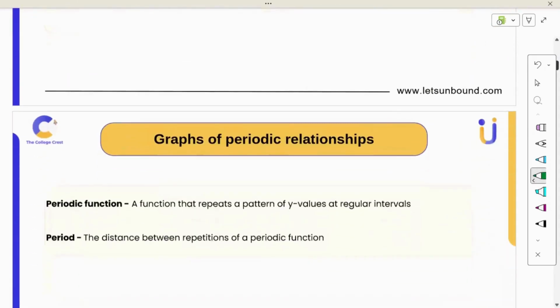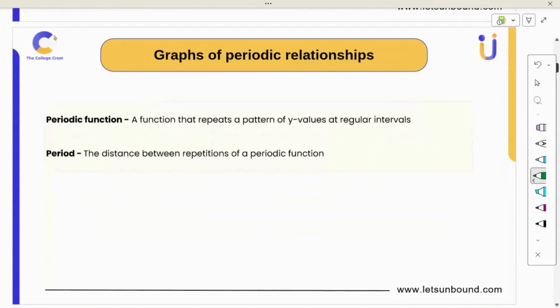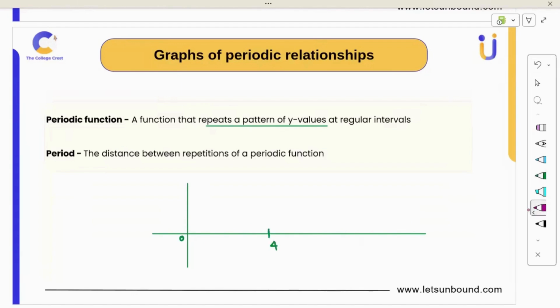Now, graphs of periodic relationships. Generally, the graph of a periodic relationship has repeated patterns of y values at regular intervals of x. For example, for x from 0 to 4, I got a pattern something like this.